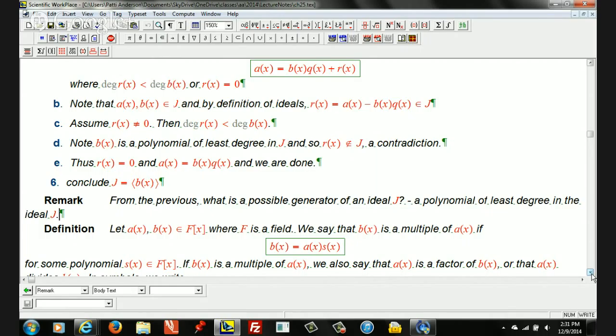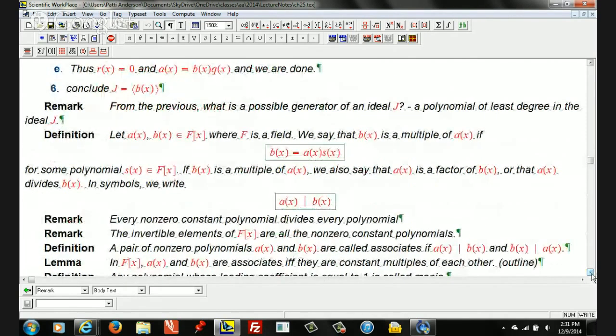Okay, so let's continue. Which is kind of weird to me, because if you're in a field and J is a subset, then what would happen if you took your polynomial of least degree and divided it by itself? Any polynomial divided by itself should be equal to 1. But that wouldn't be in the same set.